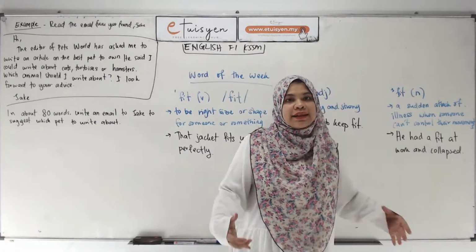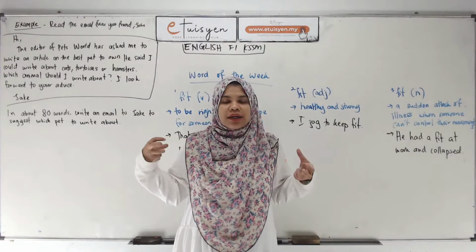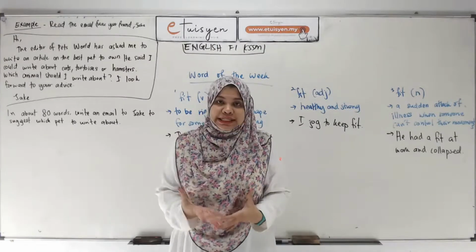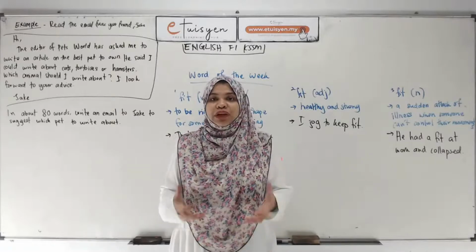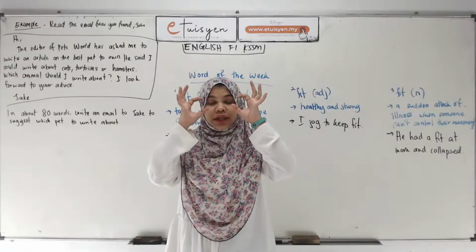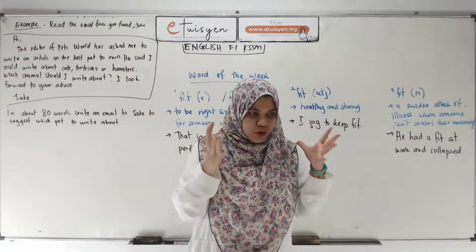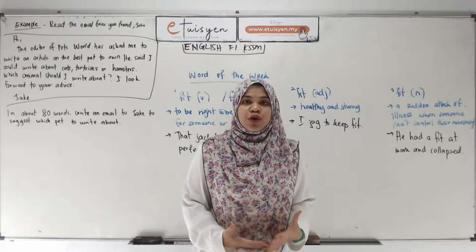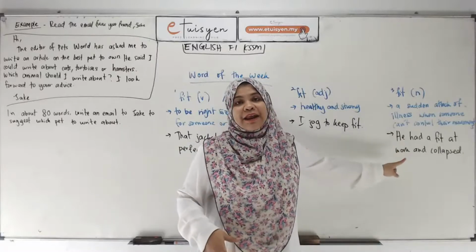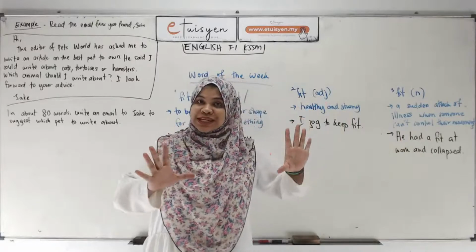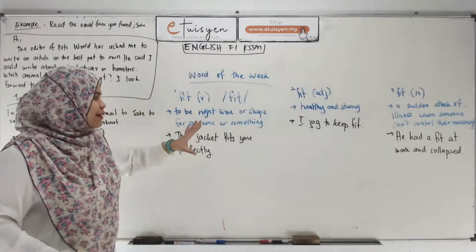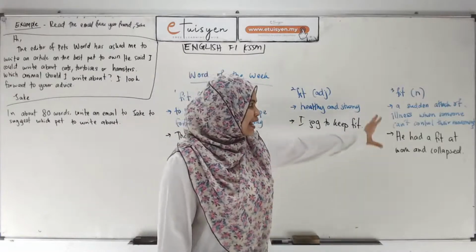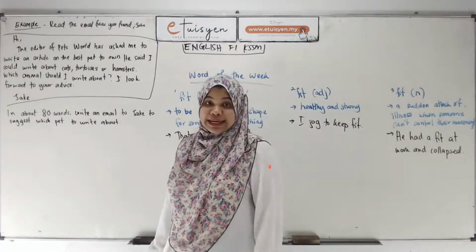Maybe his body suddenly trembled or he suddenly felt pain. He had some illness where he could not control his body. Maybe he trembled uncontrollably, or suddenly his eyes could not be controlled. There's a movement on his body that he cannot control, and after he had that fit, he collapsed. So see here, FIT as a verb has one meaning, as an adjective another meaning, and as a noun yet another meaning.